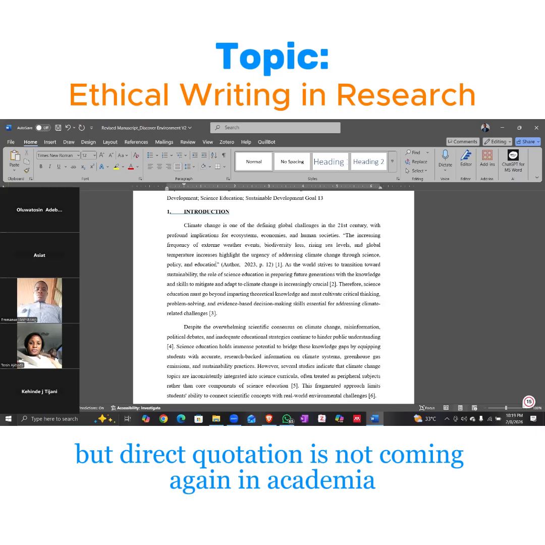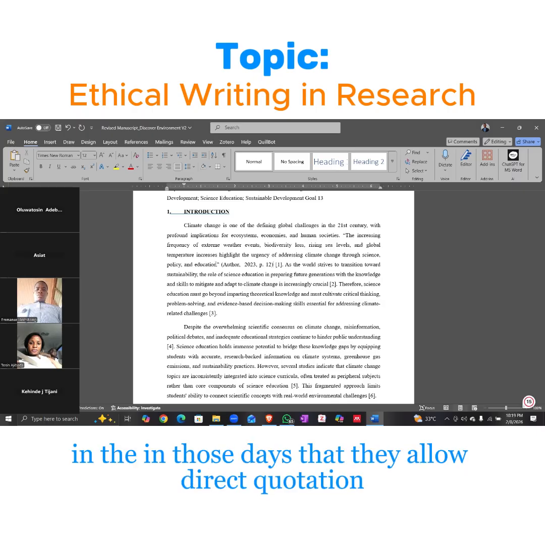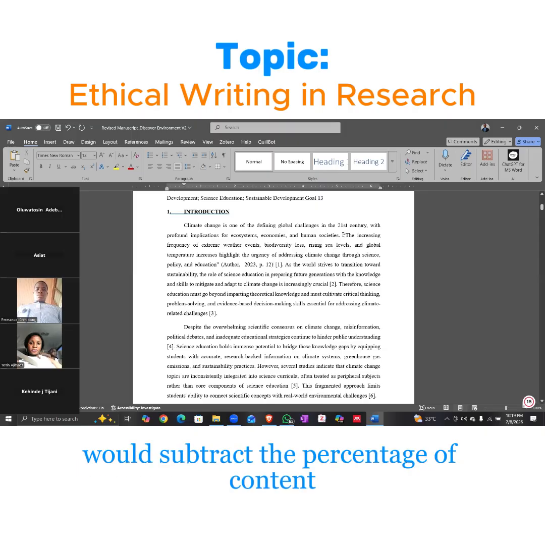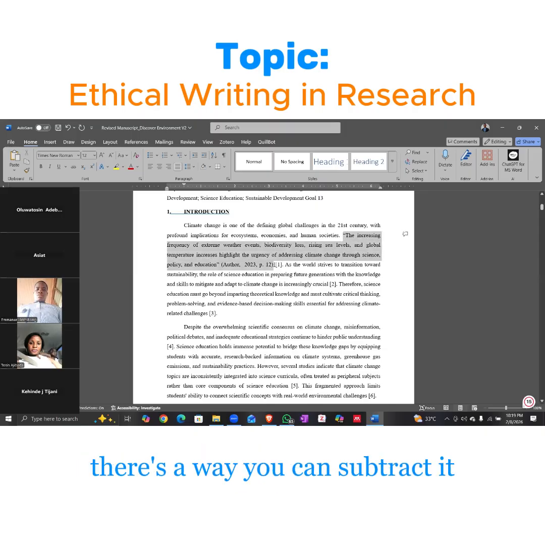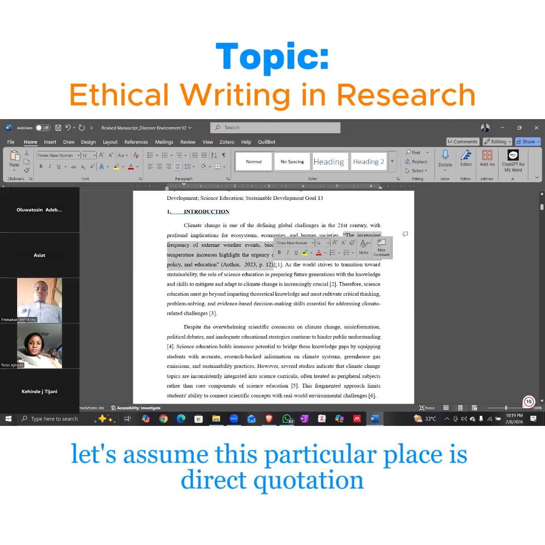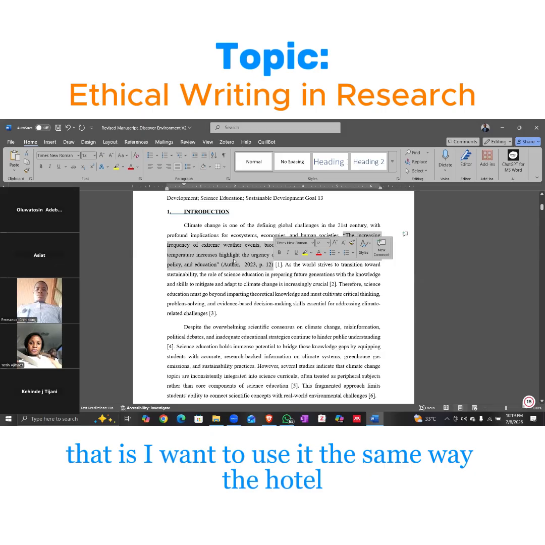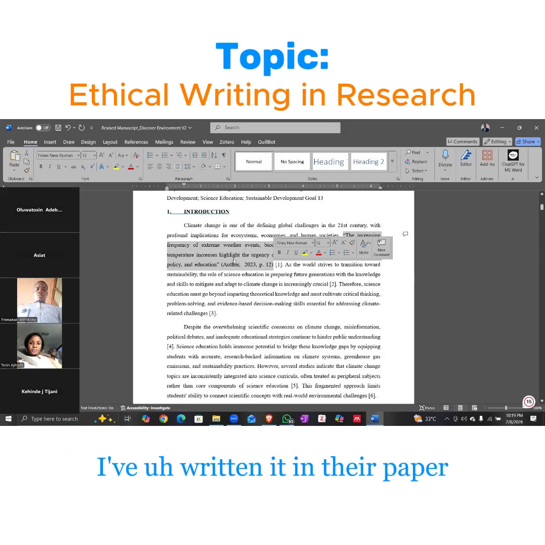But direct quotation is not common again in academia. That's in the olden days, when they allowed direct quotation. So when you do this, someone interpreting the plagiarism report can subtract the percentage of that content. Let's assume this particular place is direct quotation, and I've stated here that it is direct quotation, which means I don't want to claim authority over the sentence.